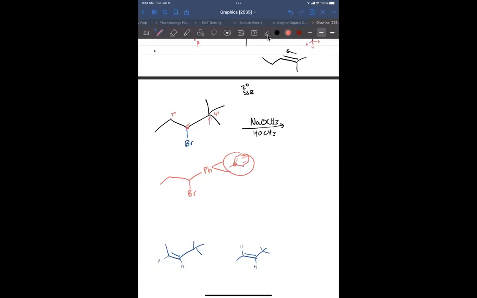This carbon right here, that's sp2. There are no hydrogens. So that's the thing. Beta carbons have to have beta hydrogens in order to do an E2. And in the situations I just presented, this one has no hydrogens. This one does. So even with Zaitsev, there's only one direction to go, and that would be this way.